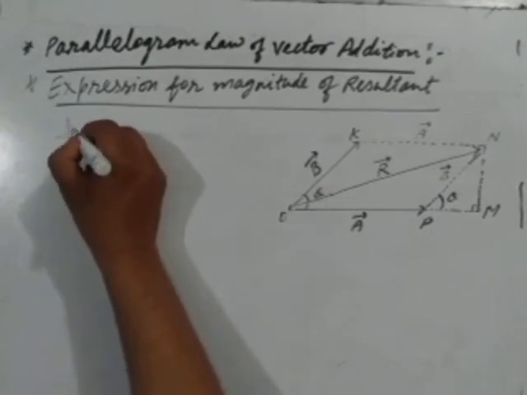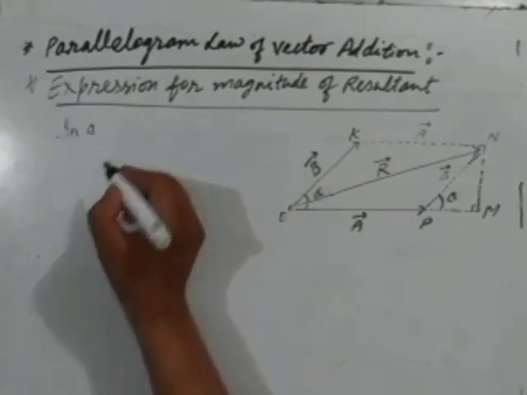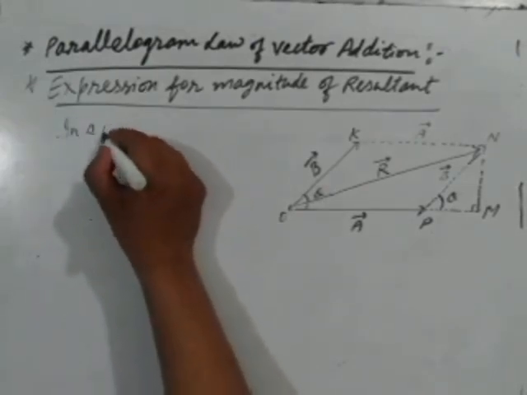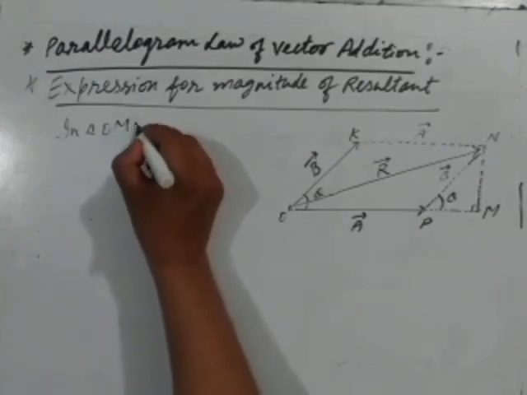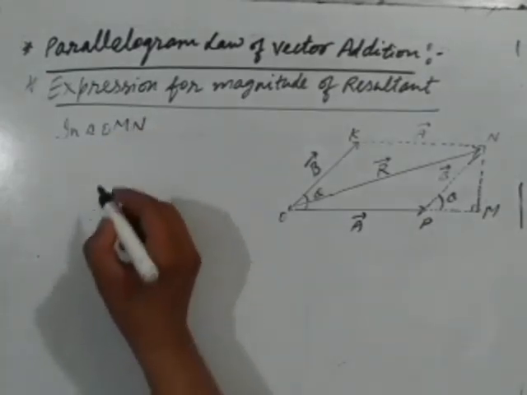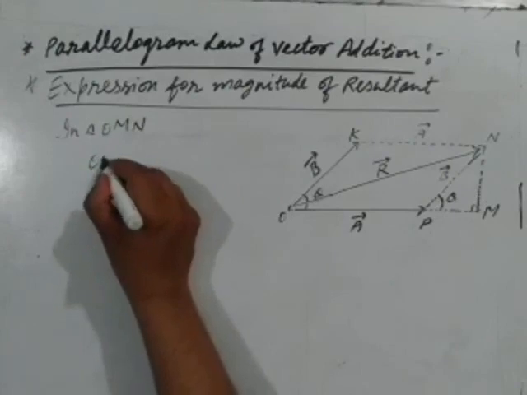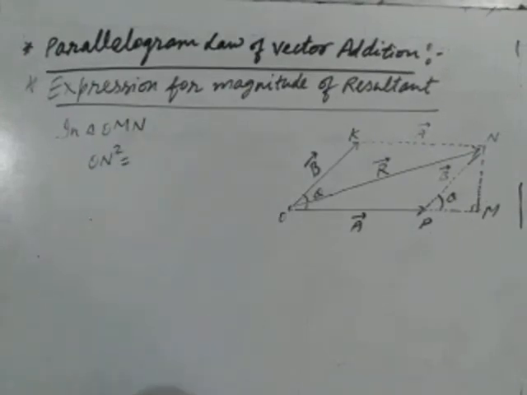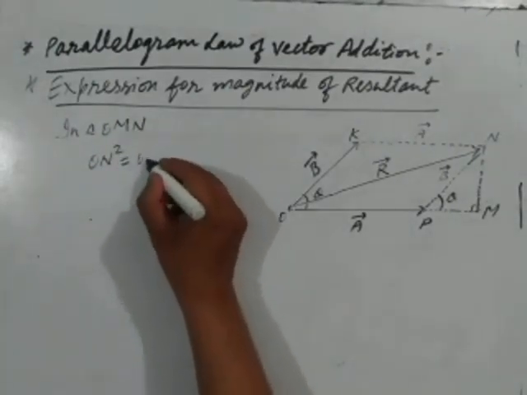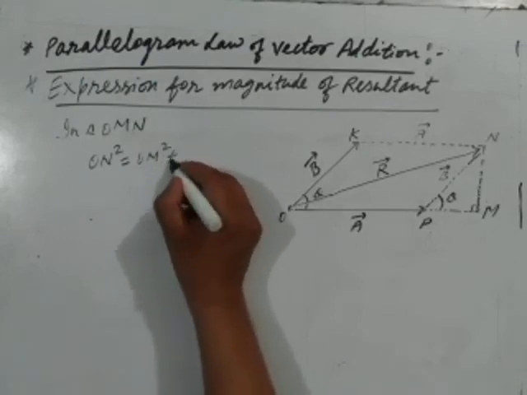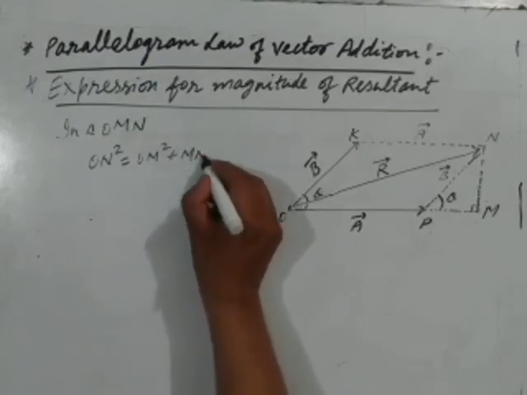So in triangle OMN, ON square is equivalent to OM square plus MN square.